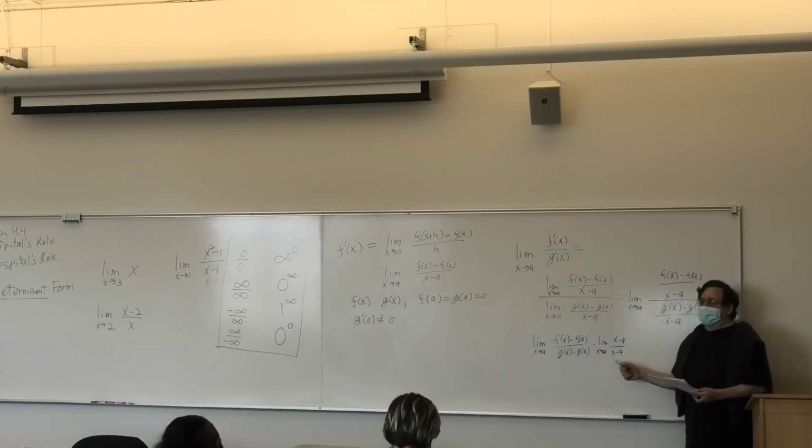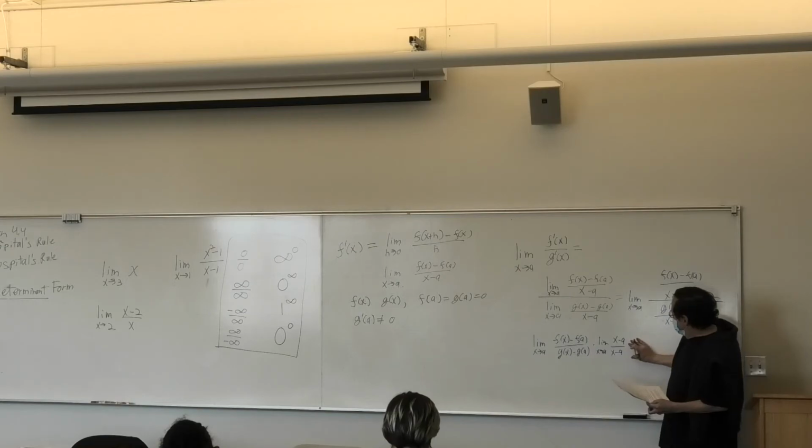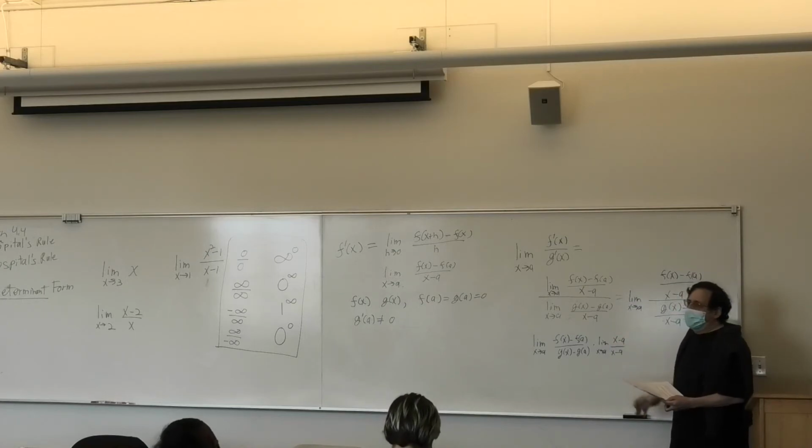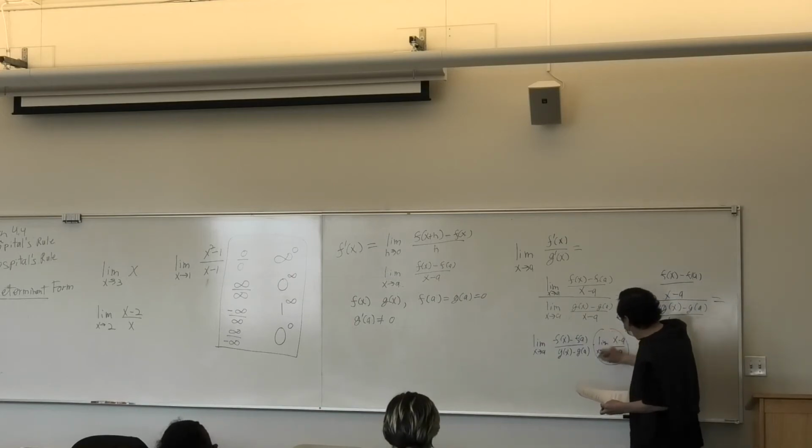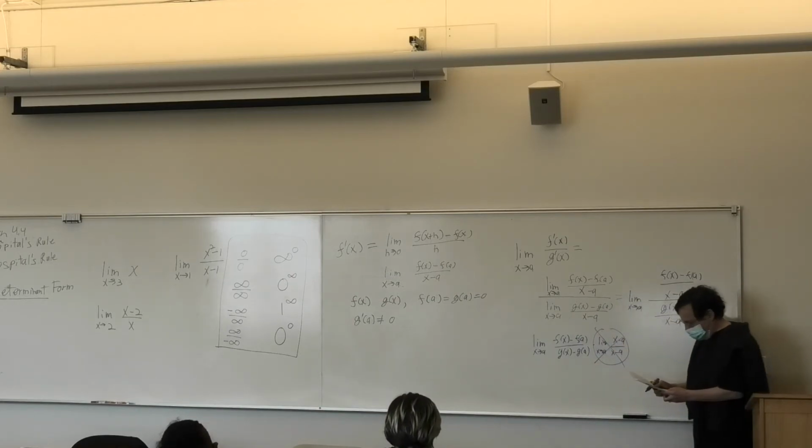Hopefully you've seen something like this before, or you recognize it. This is a limit. We can't evaluate it at a, it would be 0 over 0, but clearly the limit is 1, right? So we can just eliminate this, it's 1.